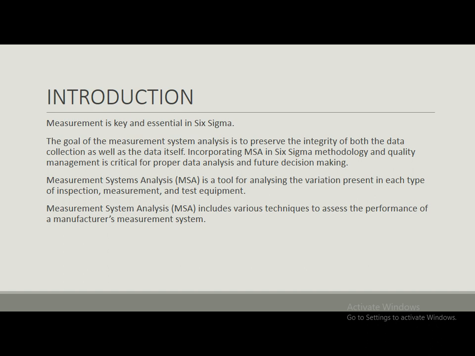The goal of the measurement system analysis is to preserve the integrity of both data collection as well as data itself. With the knowledge that is provided by data analysis, companies are better informed on the implications for the measurement error, which drives decisions about individual product and processes.